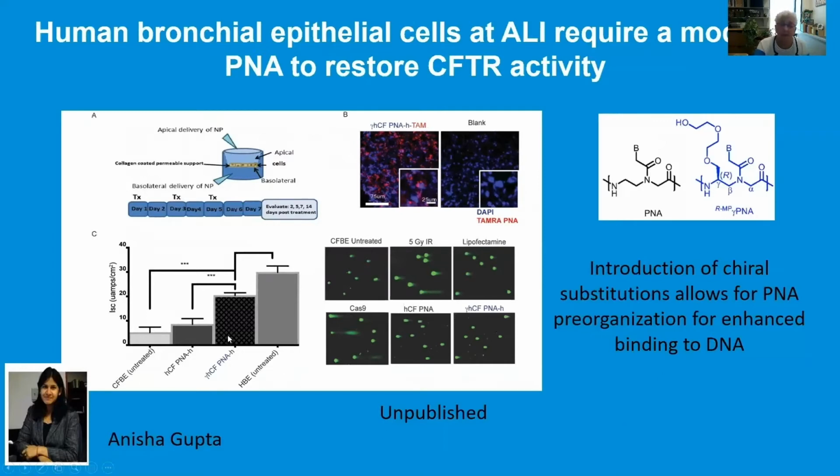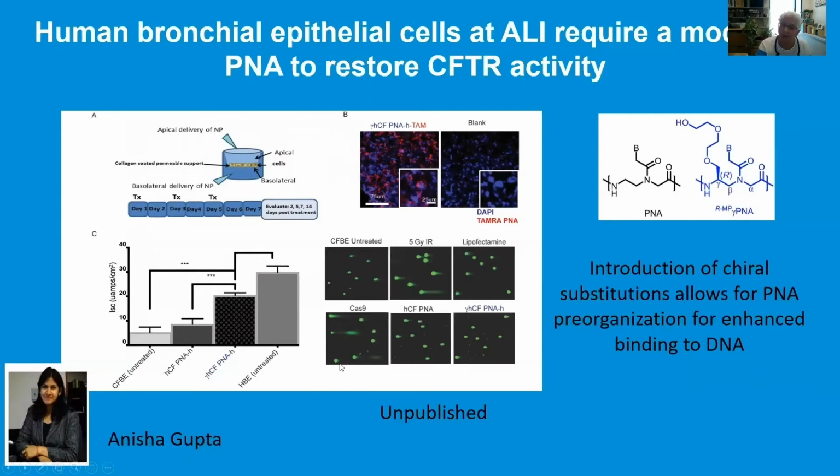And with their gamma PNA particles, so gamma PNA, DNA, and the same sort of nanoparticles, suddenly we had a much more robust response. So it was clear that there was something specific about the gamma PNA along with the blended particle that was now able to get through the mucus, get into the cell, and give us a more robust response.